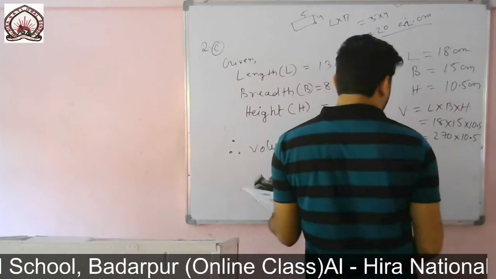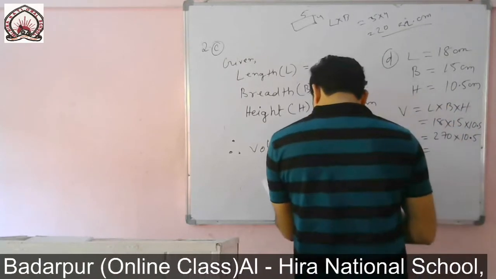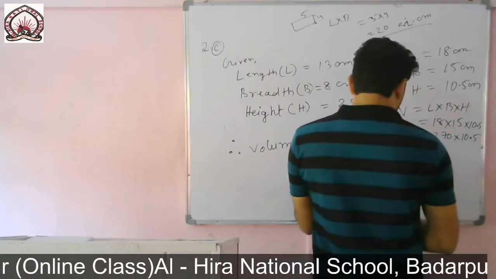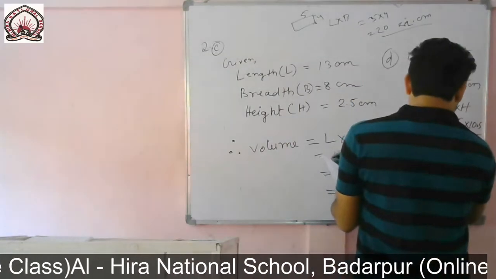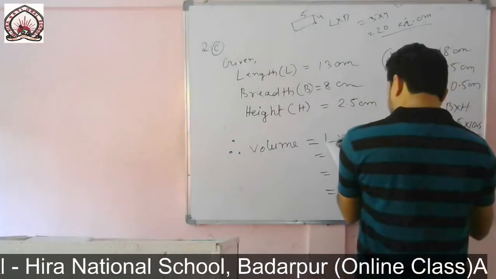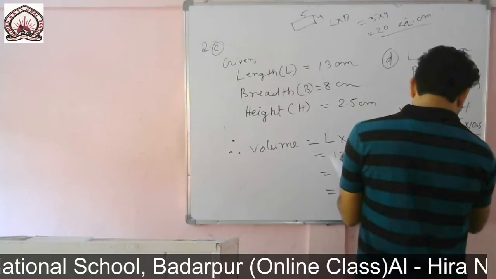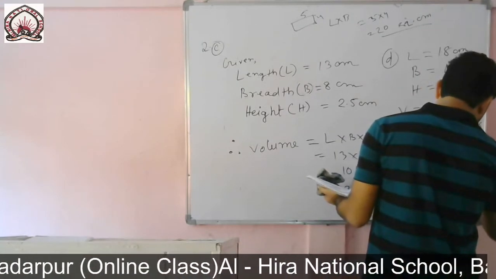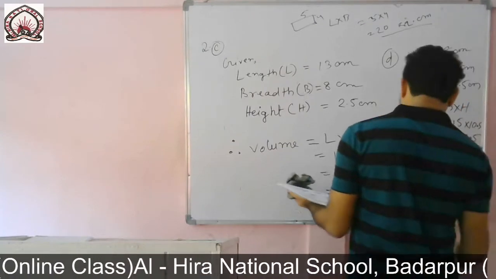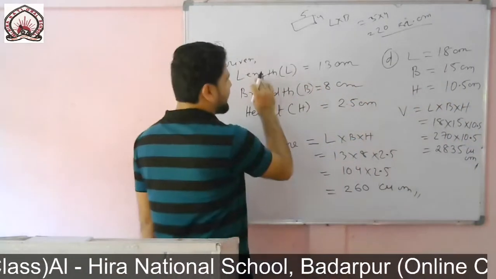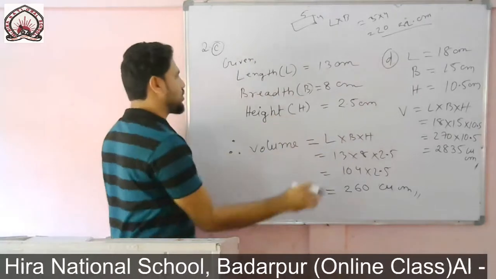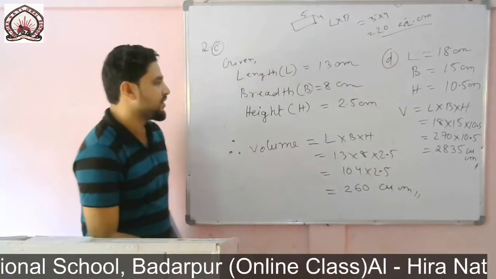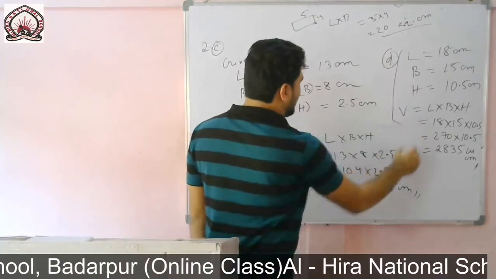If you multiply 270 into 10.5, then you will get 2835 cubic centimeter. In place of length I have written L, so you can write L, B, H also, no problem.